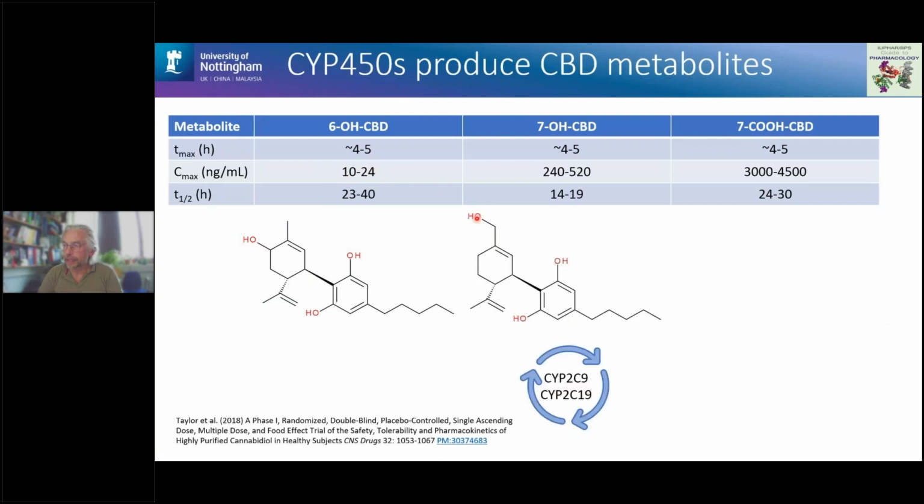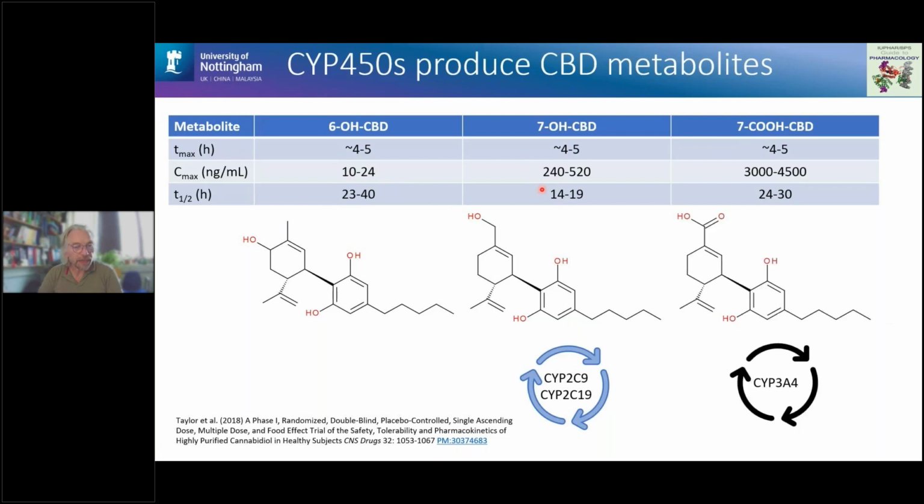The 7-hydroxy substituent is rather more. And then the third metabolite that's identified, the carboxy derivative, much more. So what appears to be the case is there are cytochrome P450s, and we've identified at least 3 that are responsible for the metabolism of cannabidiol to produce these products.